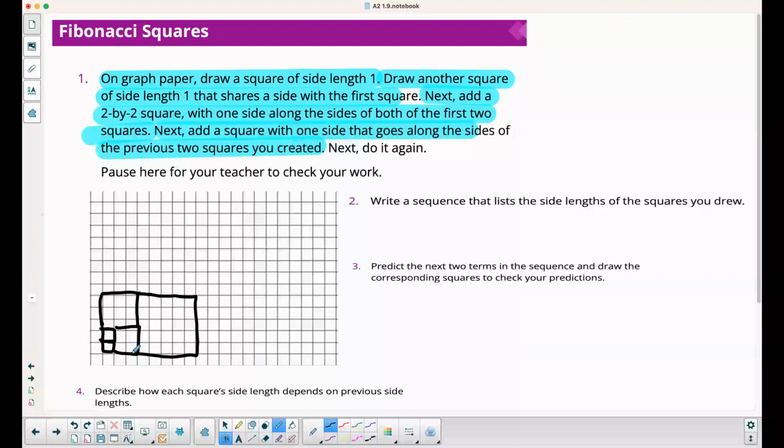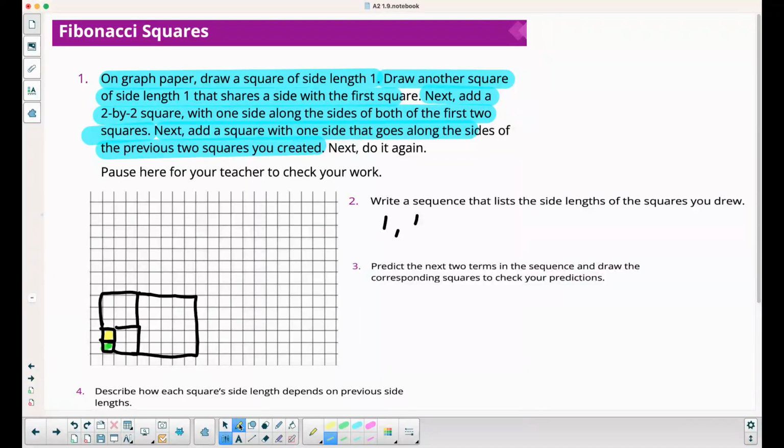Okay, so write a sequence that lists the side lengths of the squares you drew. Okay, so this was my first square right here. So that one had a side length of 1. The next one was right there. That had a side length of 1.